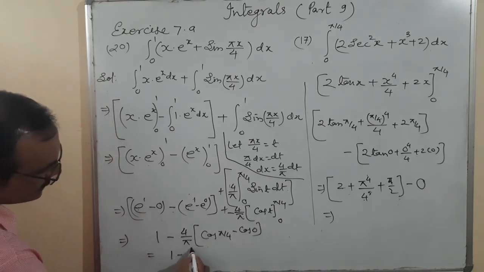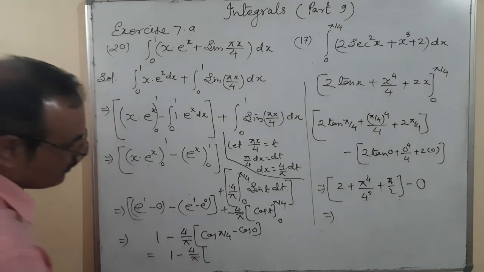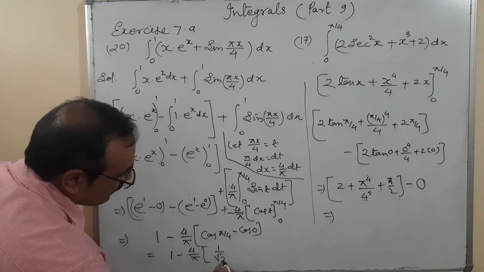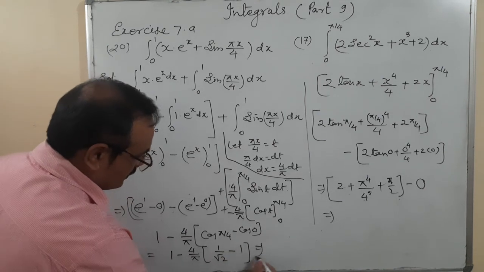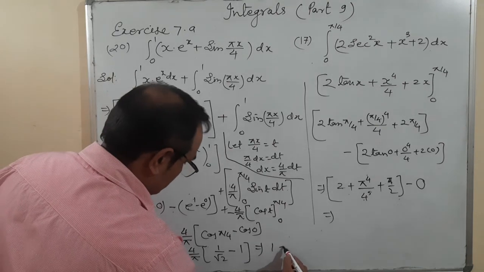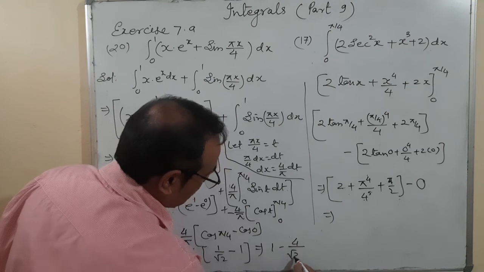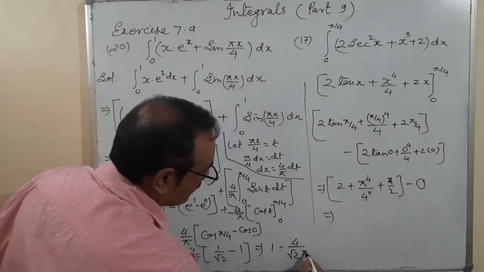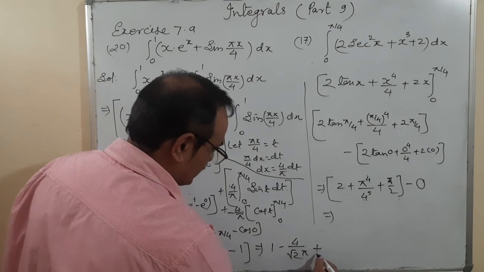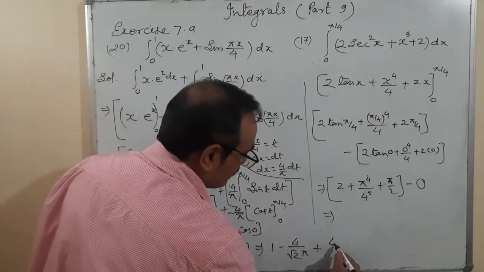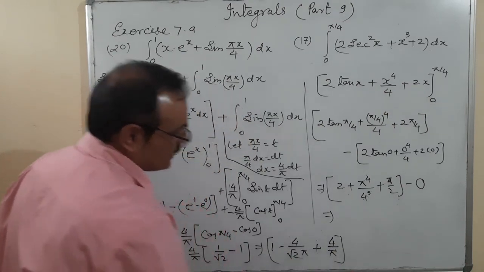So it is 1 minus 4 upon pi into (cos 45, which is 1 upon root 2, minus cos 0, which is 1). That is 1 minus 4 upon root 2 pi, where pi is outside of the root, and minus minus is plus 4 upon pi. That is the answer.